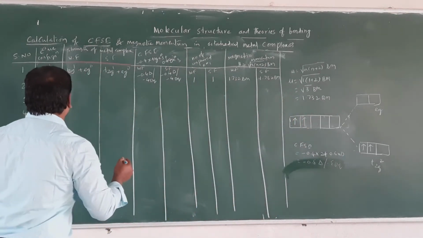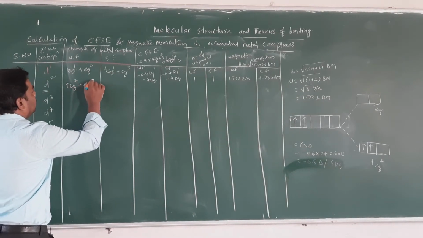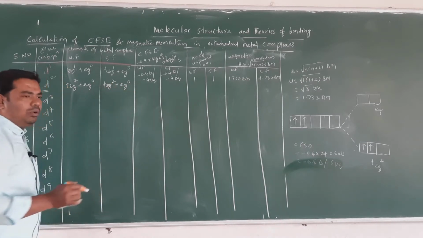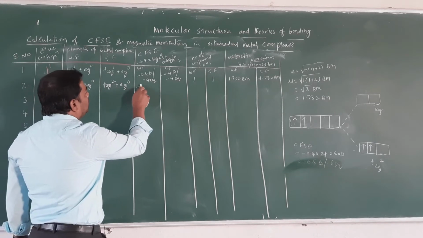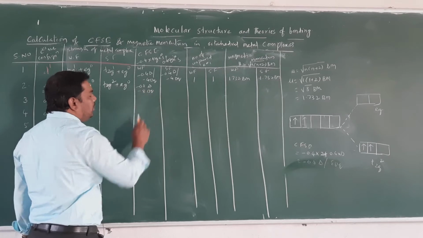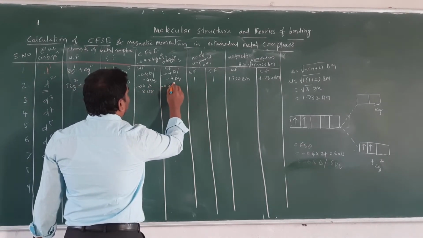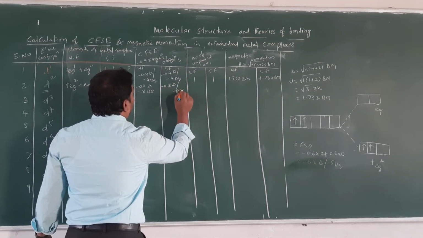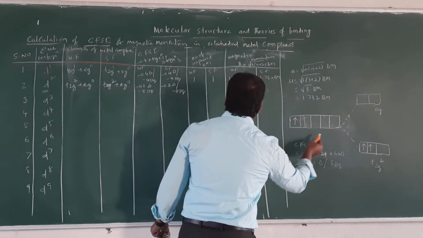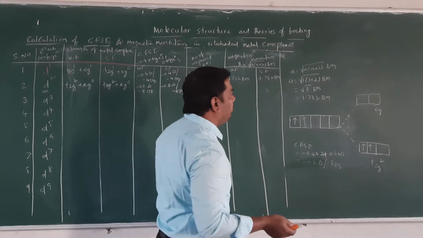The configuration is t2g2 eg0 in both cases, so the CFSE value is minus 0.8 delta or minus 8 Dq, and the strong field case is also minus 0.8 delta or minus 8 Dq. The number of unpaired electrons is 2 in both the weak field and strong field metal complexes.